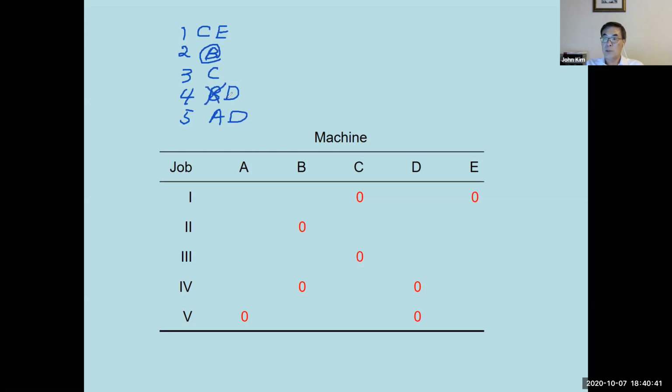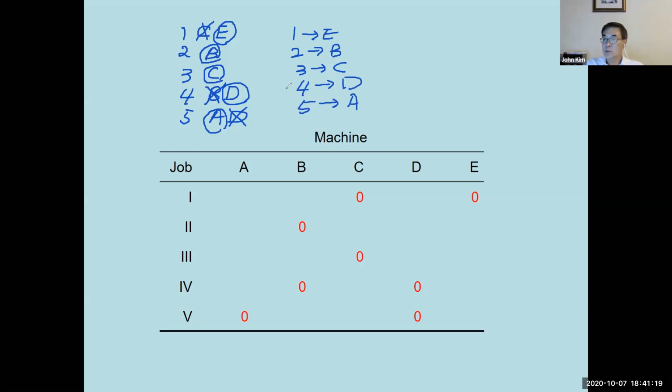Then this one becomes the only one available, assign, and this one is not available. Assign this one, and then assign this single available one, and then this one is not available, assign. So assign 1 to E, 2 to B, 3 to C, 4 to D, and 5 to A.